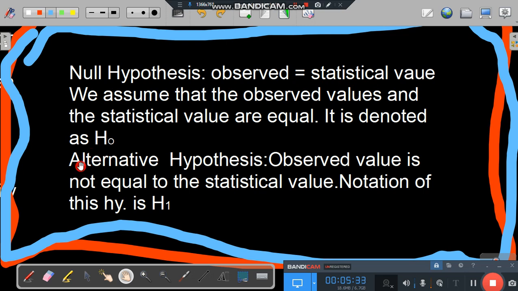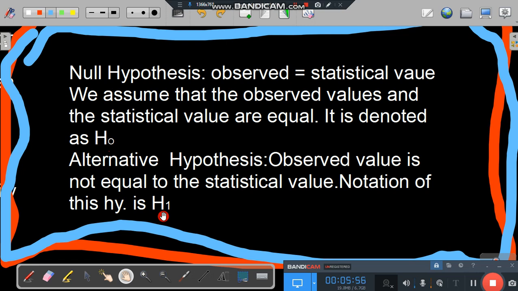Alternative hypothesis means the blind statement that the observed value is not equal to the statistical value. The notation for null hypothesis is H0, whereas the notation for alternative hypothesis is H1.